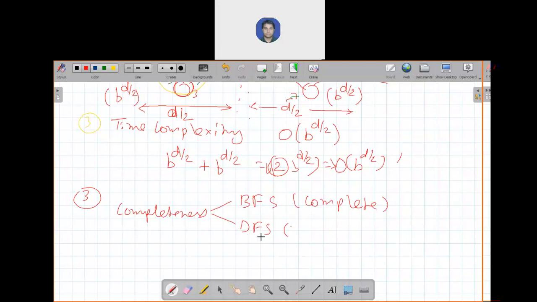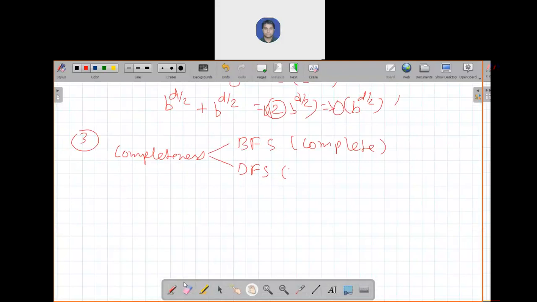Okay, how? Let's see. Just consider this is your start state and goal state, and between these two states there are two parallel paths.